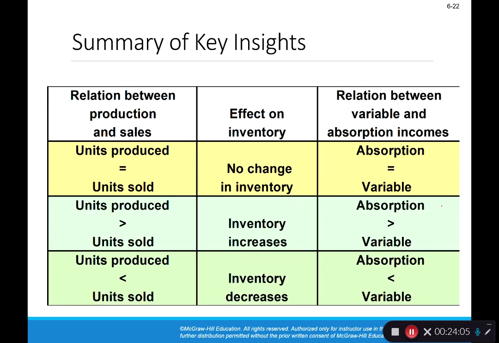So to summarize what happens to income between the two methods, this slide does it for you. This is how I remember it. Rather than memorizing this slide, I just remember that production comes before sales alphabetically. So production and sales, I write that out alphabetically. And then absorption and variable, NOI, also in alphabetical order.